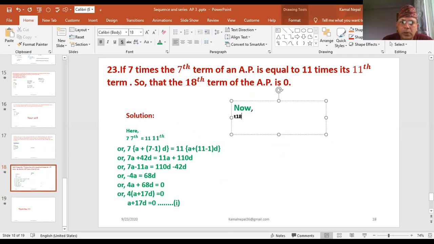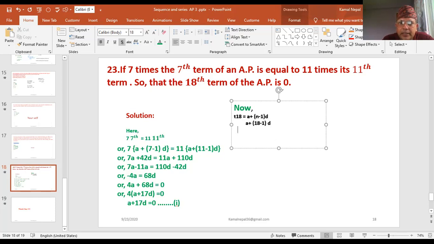T18 is equal to, the formula is, A plus (n minus 1)d. Then you can substitute the values: it is A plus, n is 18, so it is 18 minus 1, and it is d.